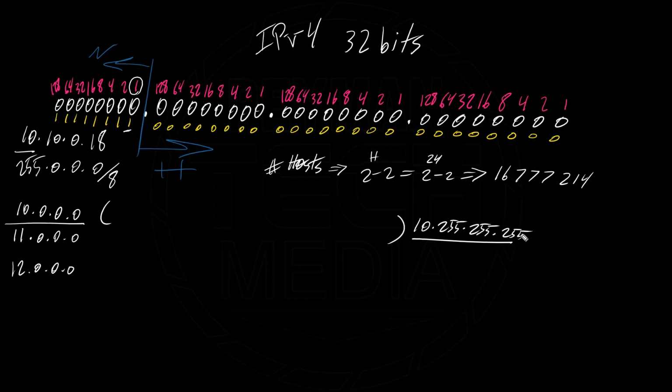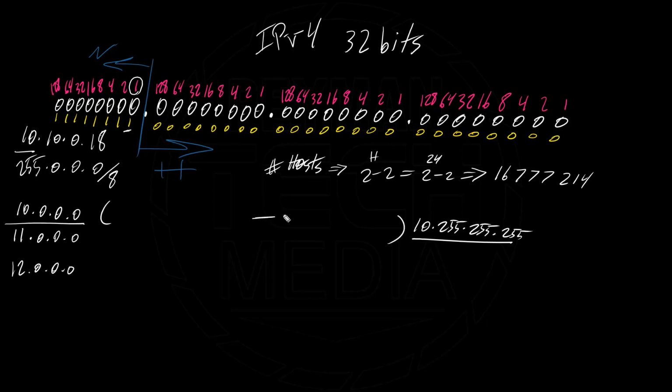We don't have 256, so it becomes 0 and we add one to the next octet: 10.255.256.0. Again we don't have 256, so it becomes 0: 10.256.0.0. Again no 256, so it becomes 0, and adding one here gives 11.0.0.0, and here we can see 11.0.0.0.